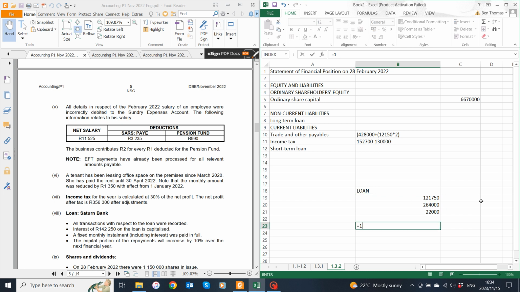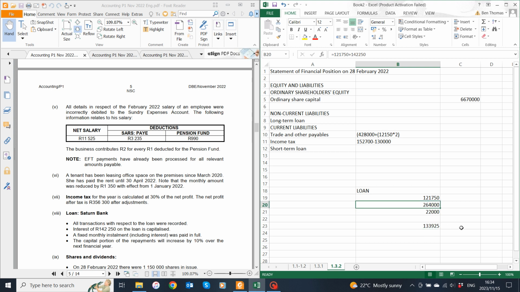So now we're going to say 121,750 multiplied by 1.1, which means next year's capital repayment is 133,925. So that means, guys, what are you going to pay back of the loan next year? 133,925. But remember, you're going to pay back 264,000 every year. So the difference between 264,000 and this 133,925 is going to be interest for next year.